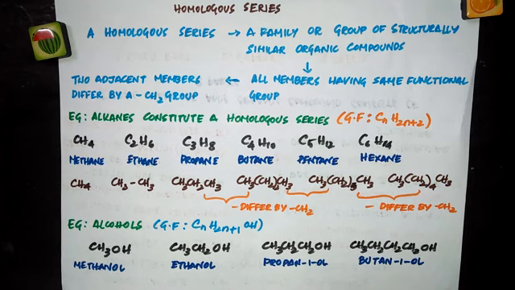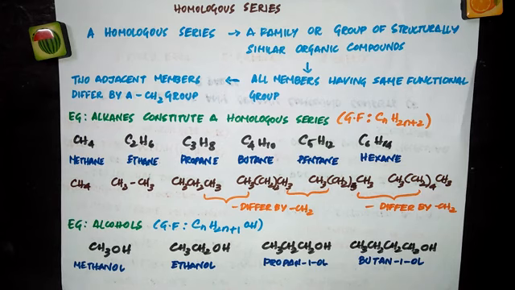I'll show you some examples. The individual members of such a series are called homologs, and the series is called a homologous series. It is nothing but a family or group of structurally similar organic compounds.